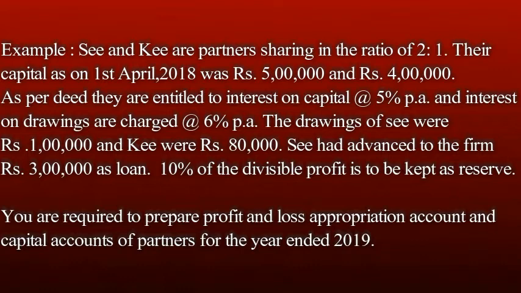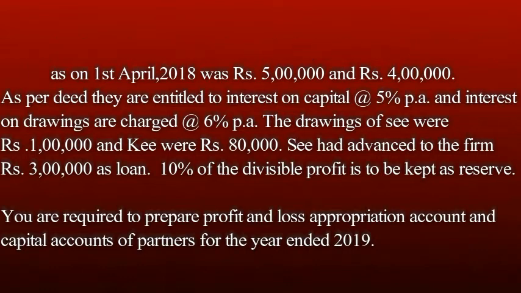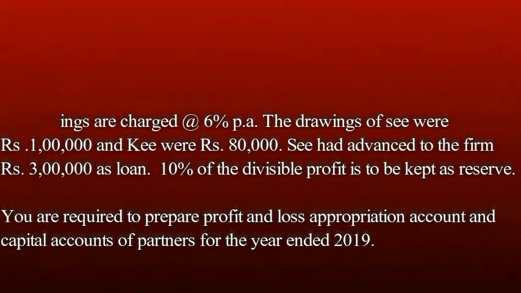You are not given any time interval, which means interest on drawings will be charged on an average for 6 months. 10% of the divisible profit is to be kept as reserve. Divisible profit means after subtracting all expenses, whatever is left. We'll see the working below, how the calculation is made.